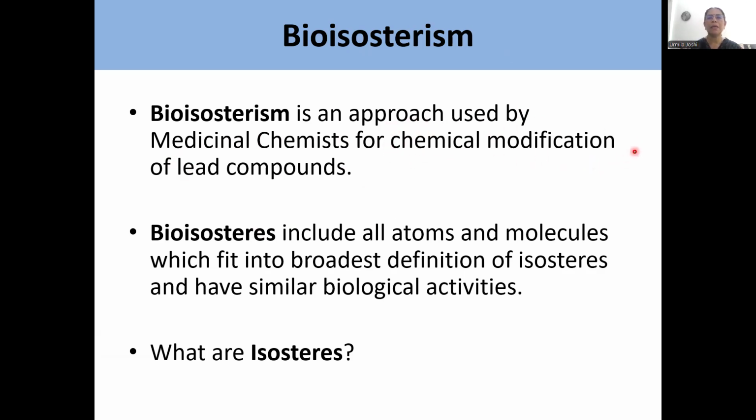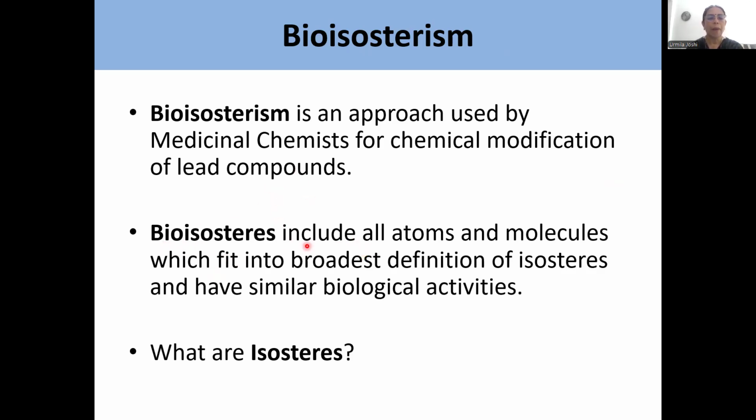Chemically modified meaning convert to its analog. So it is not an irrational method of choosing any analog. There is rationality behind it. And bioisosterism is one of the approaches used for chemical modification. So let us see what is it.